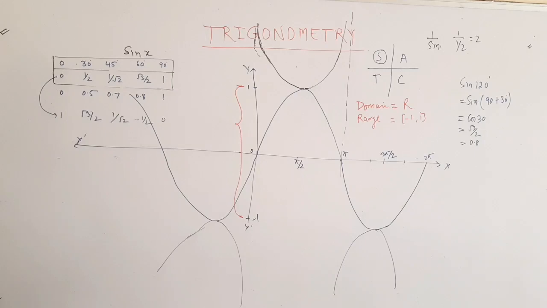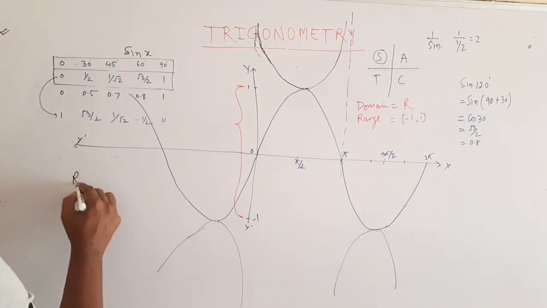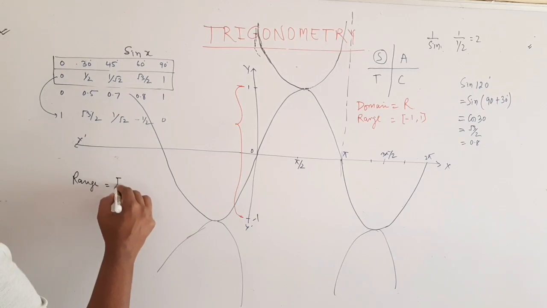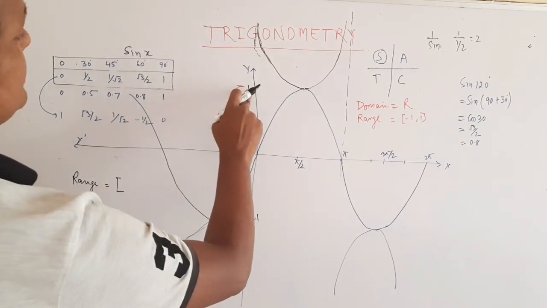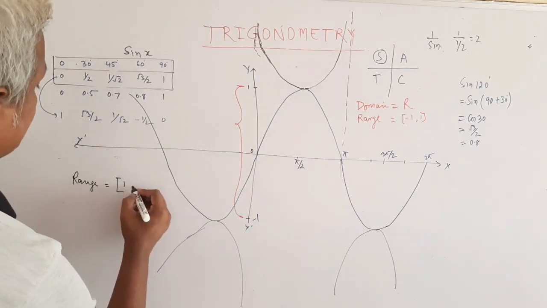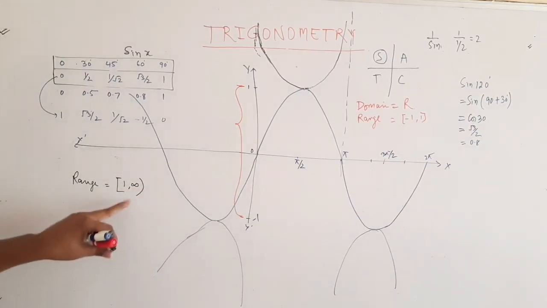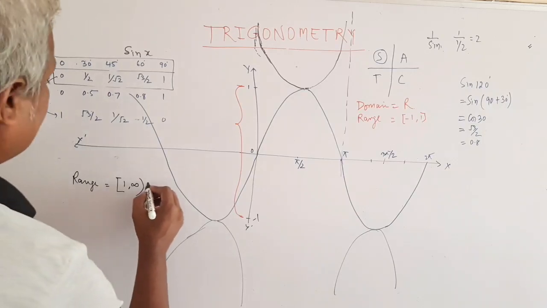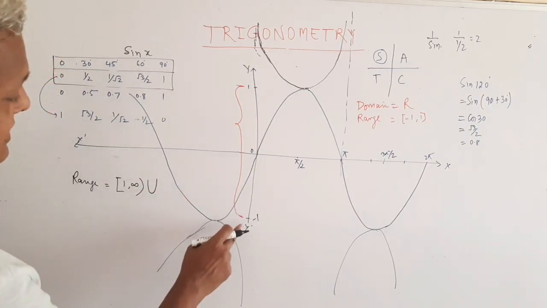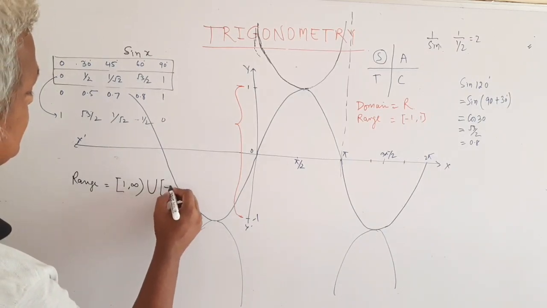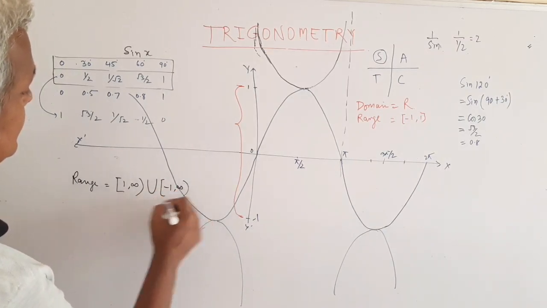So the range for the cosec function will be 1 to infinity, with an open bracket, and the union of that with the values from minus infinity to minus 1.